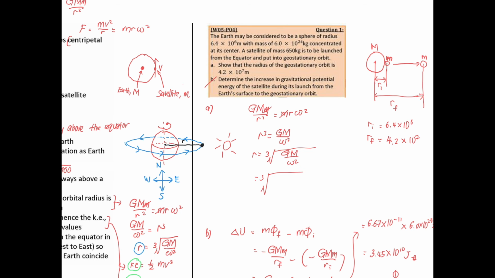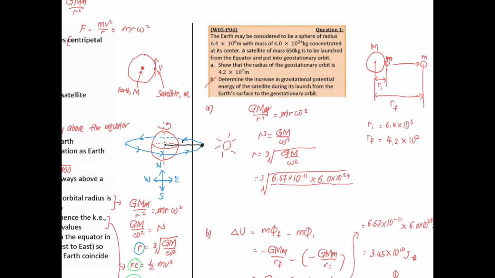Cube root of, first start with G. G is 6.67 times 10 to the power of negative 11. The capital M is the mass of the Earth, which is given here, 6.0 times 10 to the power of 24. So we just put this in our formula.